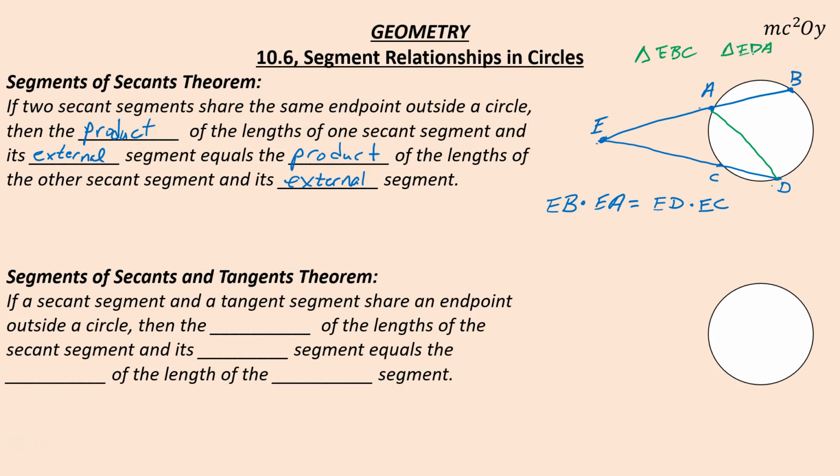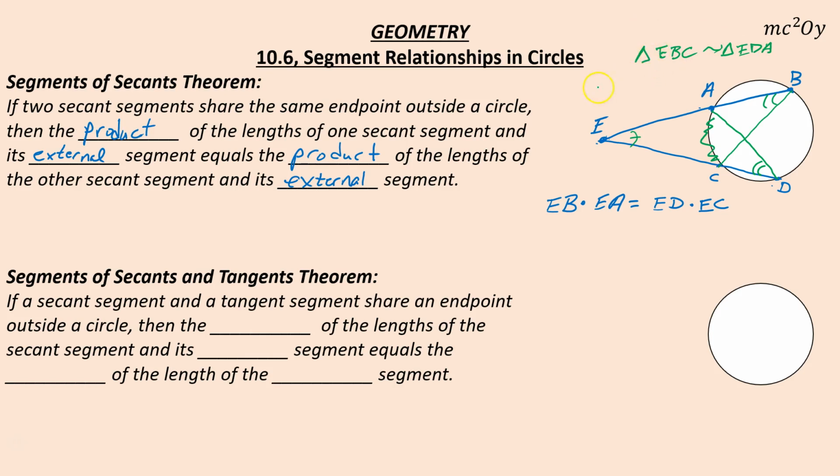Okay. Those two triangles I can prove similar. This angle would be, if I were to draw on the other one as well, this angle would be congruent to itself by the reflexive property, right? Okay. This angle right here would be congruent to this one because they both intercept the same arc. So by angle, these two triangles would be similar, which would mean that I could set up a proportion again.